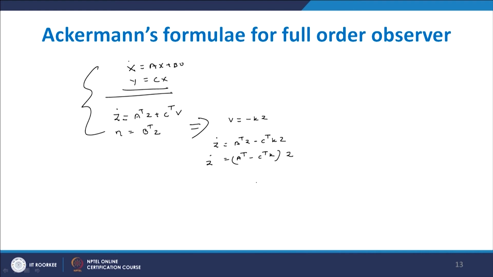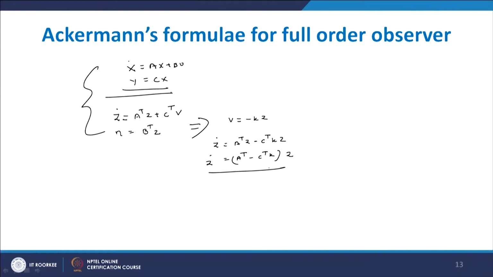Now, in order to get the roots of the system, or to find the value of the controller K, we have to assign some eigenvalues. That means this equation we have to represent in terms of the characteristic equation.